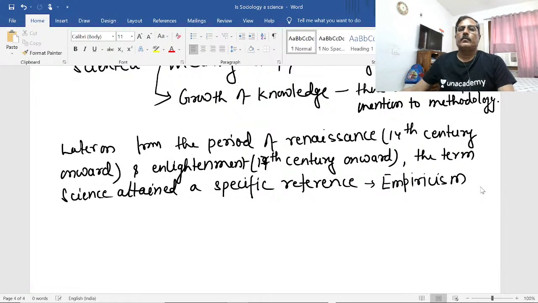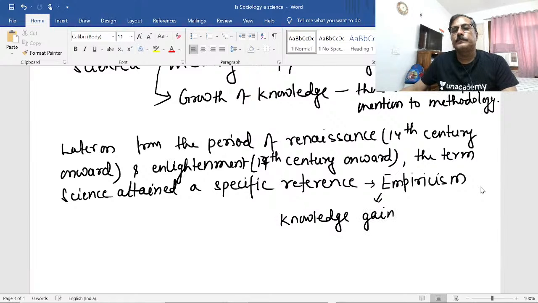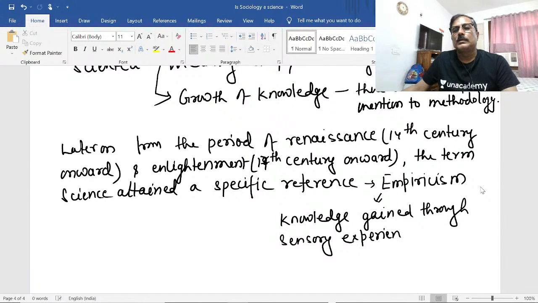Empiricism means knowledge gained through sensory experiences.